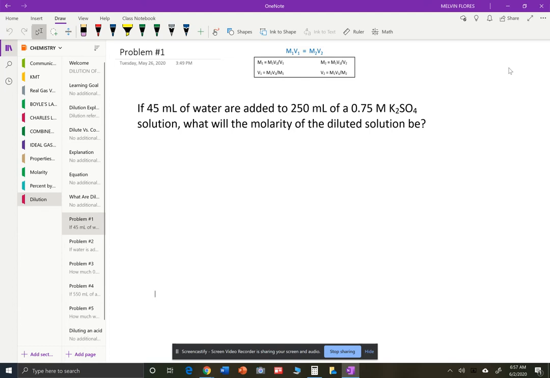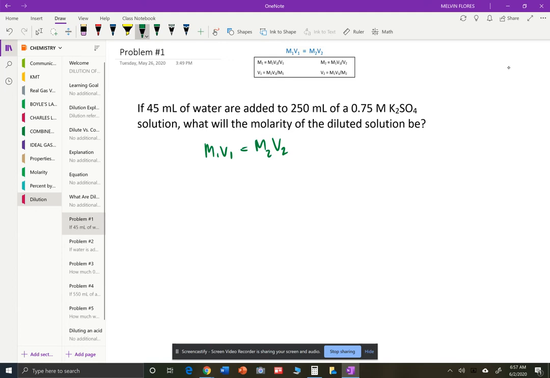We have here problem number 1. If 45 ml of water are added to 250 ml of 0.75 molarity potassium sulfate solution, what is the molarity of the diluted solution? So our formula is M1 V1 equals M2 V2. We're going to plug in the given concentration and volume.